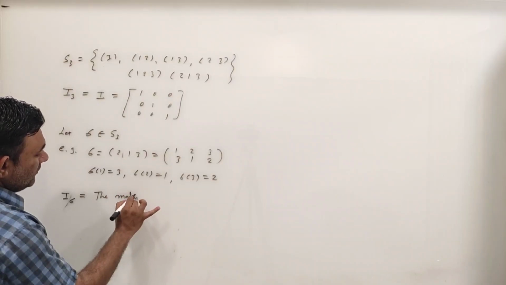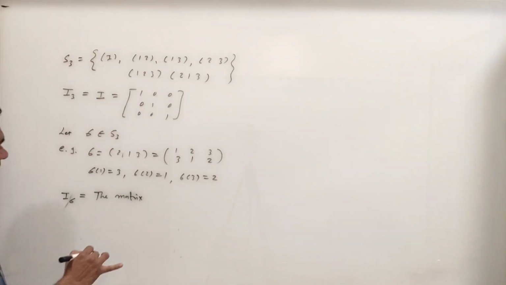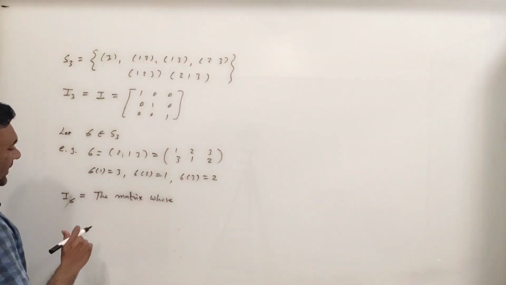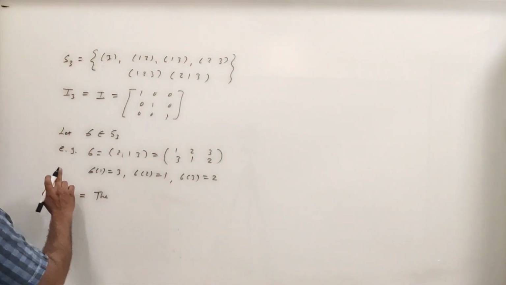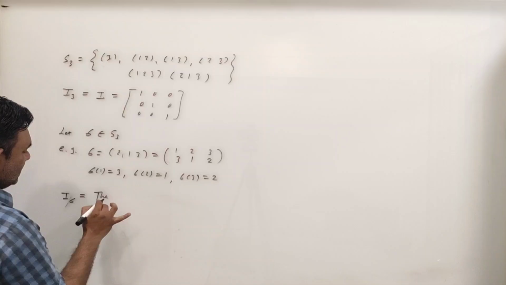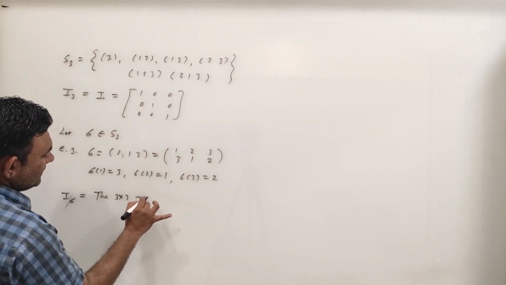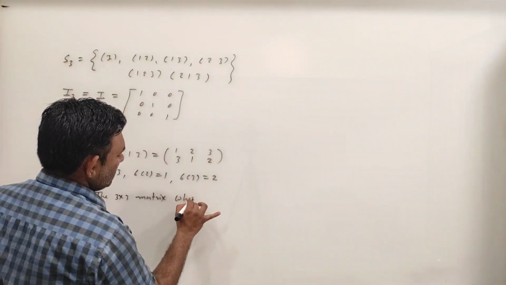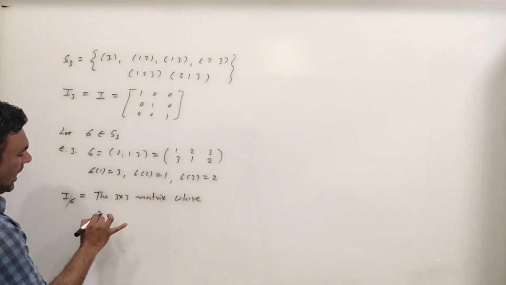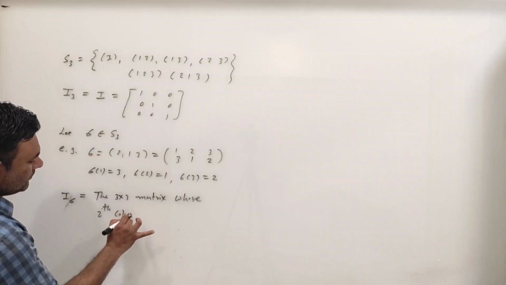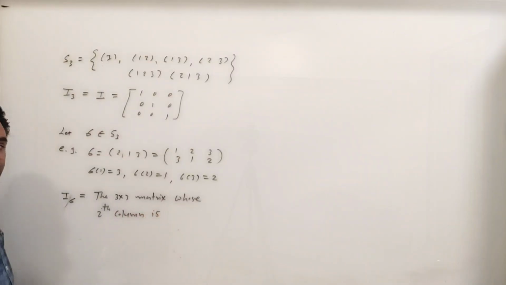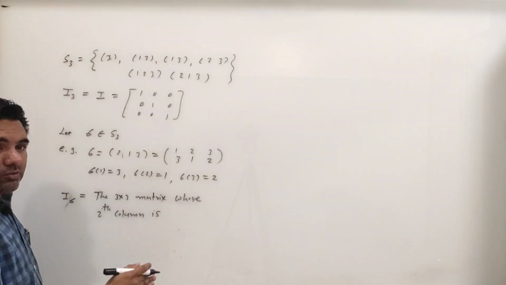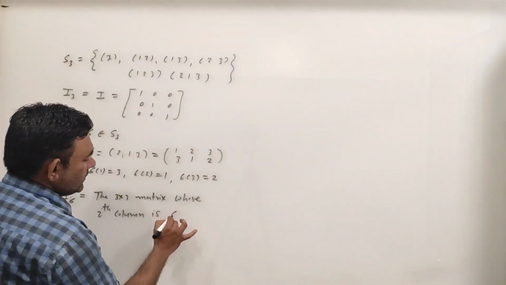Is the matrix whose... it is the n cross n, 3 cross 3. If we are talking about S3, it is the 3 by 3 matrix whose ith column is, that is first column, second column, third column, is what?